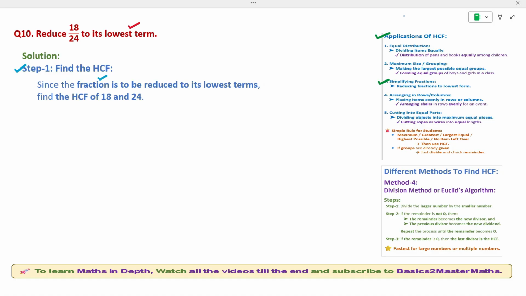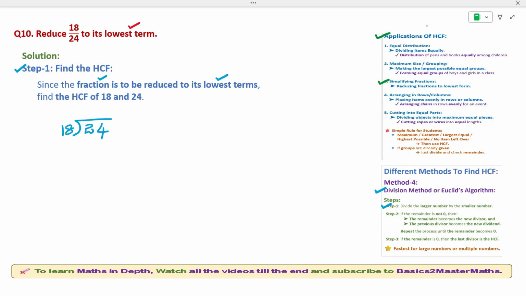Since the fraction is to be reduced to its lowest term, we need to find the HCF of 18 and 24. Let us find the HCF using division method or Euclid's algorithm.